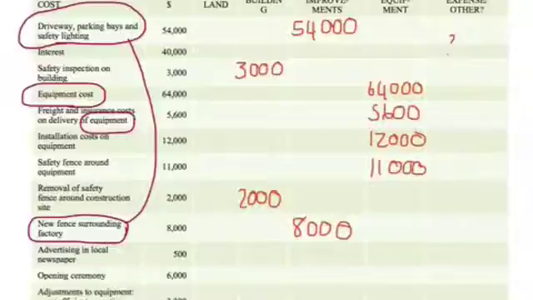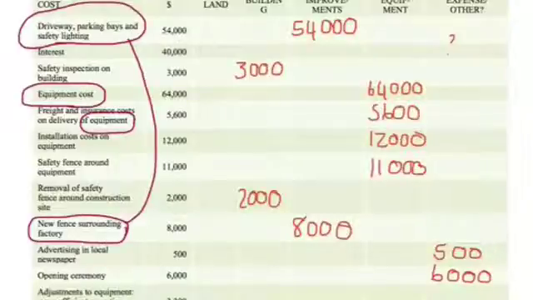Advertising in the local newspaper to advertise the new business is a marketing expense and would not normally qualify to be capitalized as an asset. So it's recorded as an expense in the period in which we incur that cost. The same goes for the opening ceremony, also most probably marketing costs.